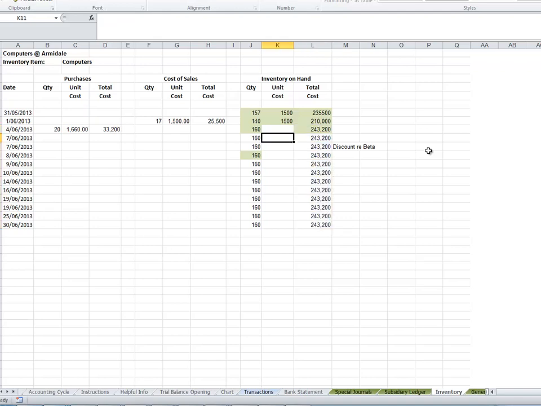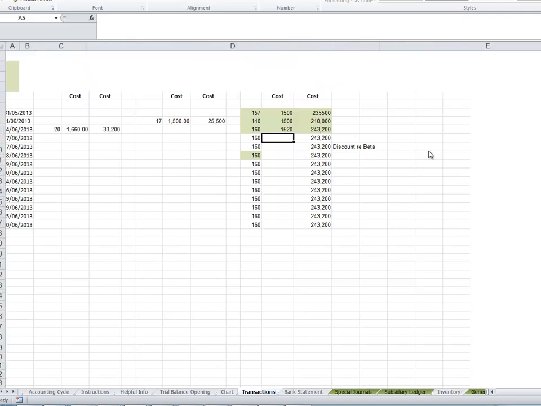But we can see these are not the right balances. Why? Because we haven't filled in the transactions, and maybe you just leave those blank. What's the average unit cost now? Well, 243,000 divided by the quantity 160, so average unit price is now 1,520. So now that is up to date.